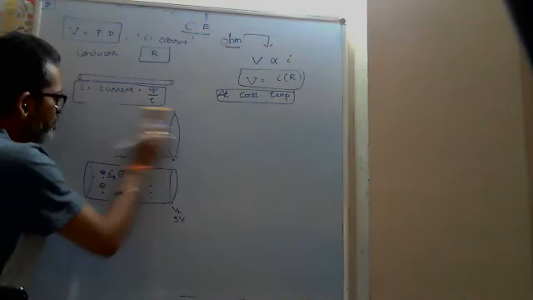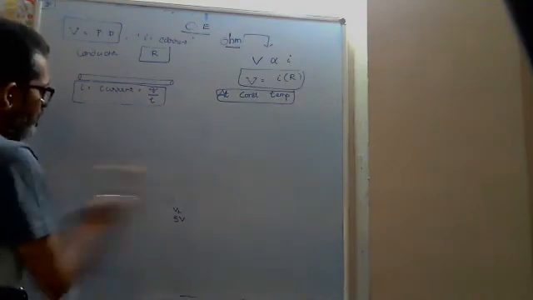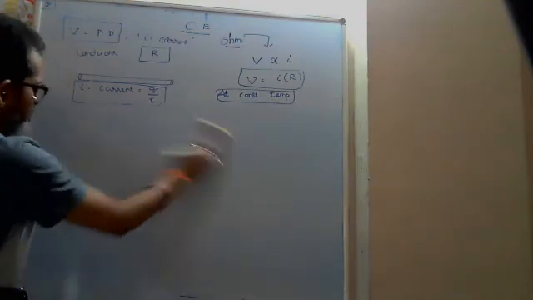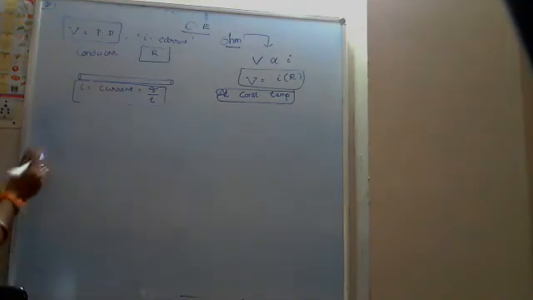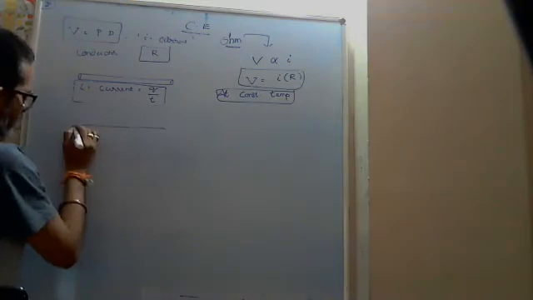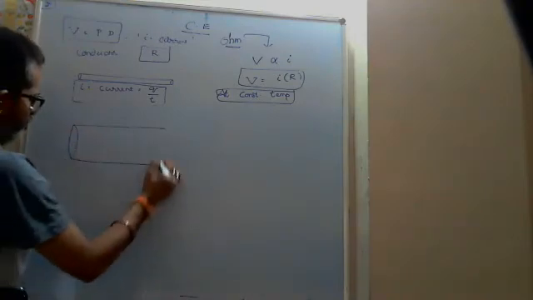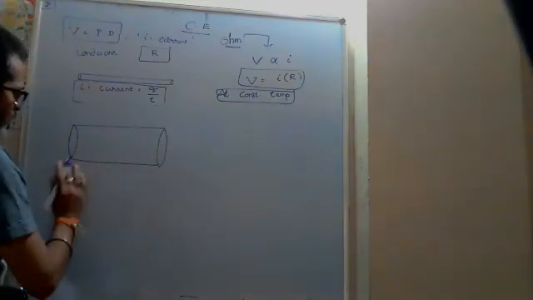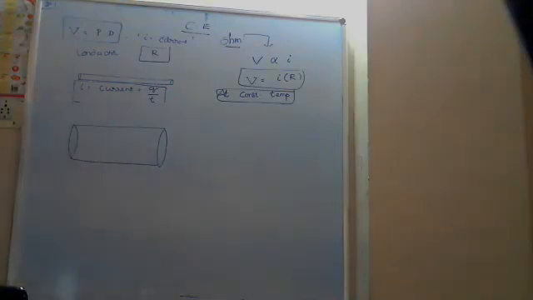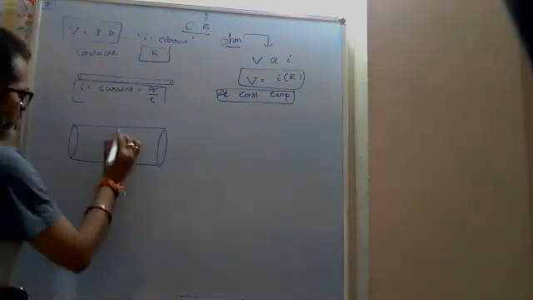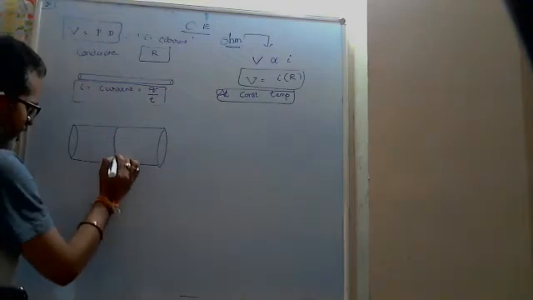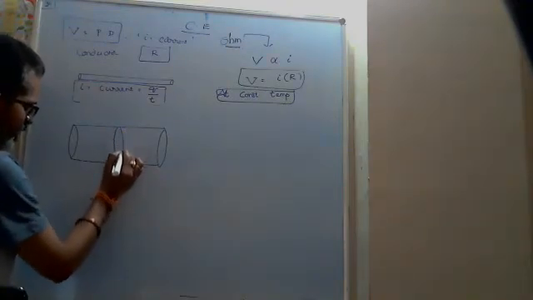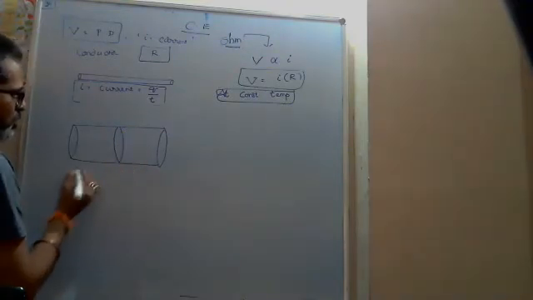Right? And one by one, if we come to the applications of this part, suppose I say, through a conductor, by maintaining some potential difference, suppose a cross section is selected.